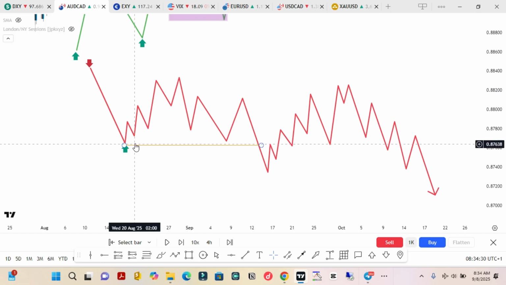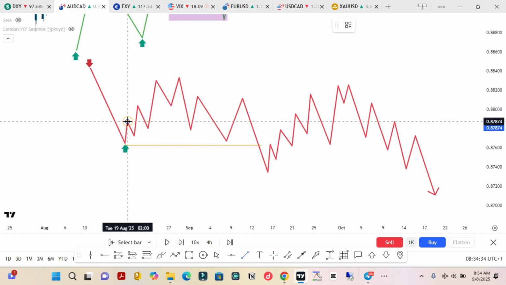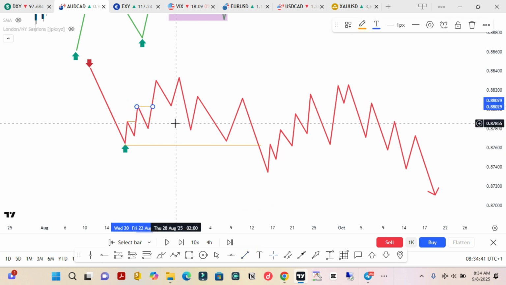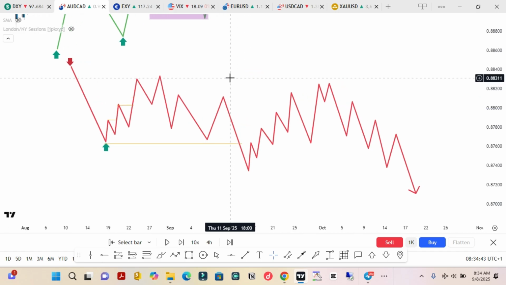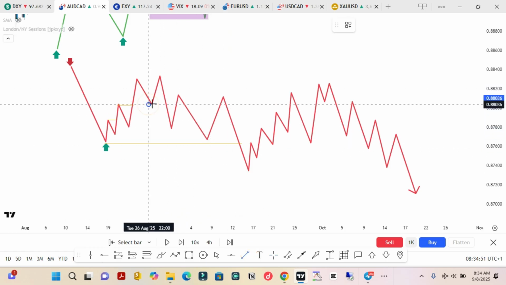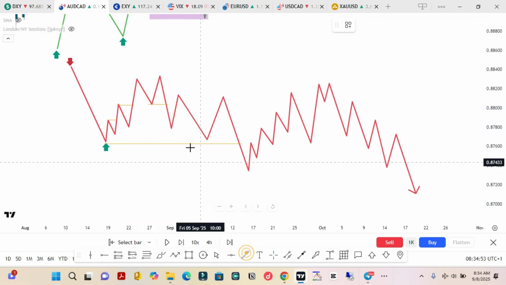But even in the process of retracing back, the price is also breaking structures towards the upper side. So I don't want you to pay attention to this; we are coming back to this. I want you to understand the concept of overall structure. Remember, as the price is coming back to take out this structure, the price is also breaking other structures towards the downward side.